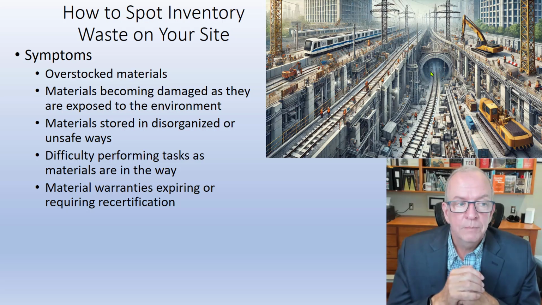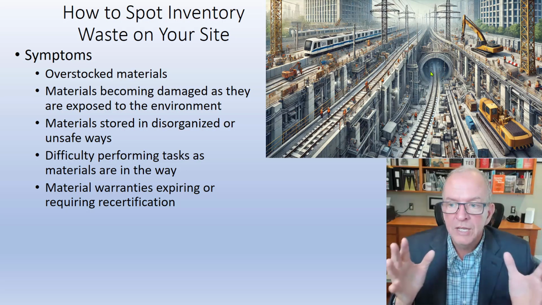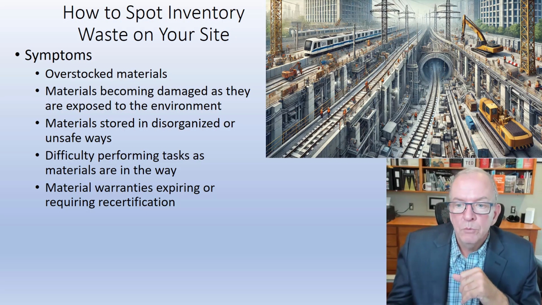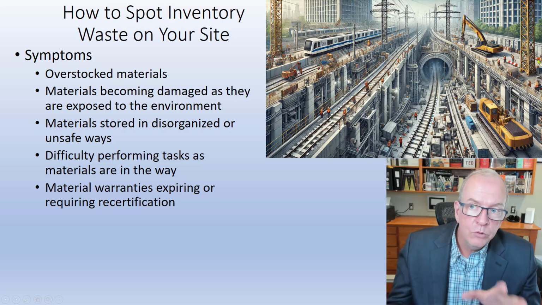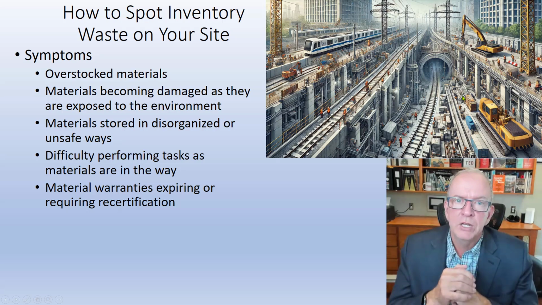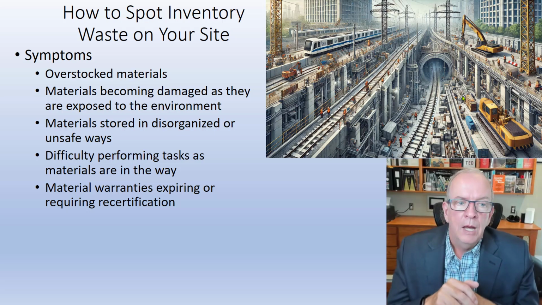So overstocked material: if we see a bunch of stuff that's sitting there, we might say, okay, we have too much of that, or it's too close to where the work is already. We may want to have it stored further out or in some other storage area, so we decouple it and then we get it moved here as we need it, right? So there are combinations of strategies that can be involved.